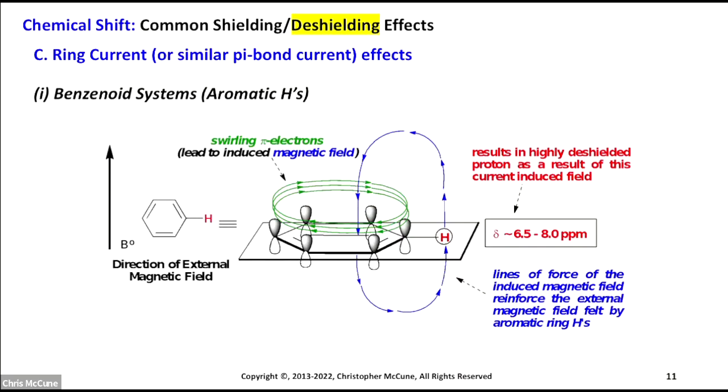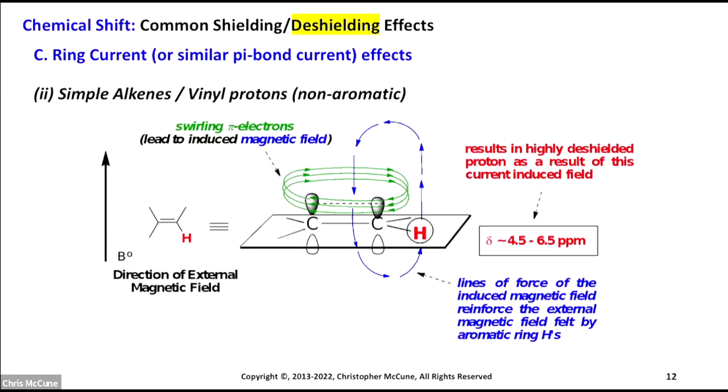And so results in a highly deshielded proton as a result. And you can see now your chemical shifts are getting to 6 to 7 to 8. So the lines of force shown in blue here of the induced magnetic field reinforce the external magnetic field. And so that's why aromatic CHs have such a downfield chemical shift, is because of this effect.